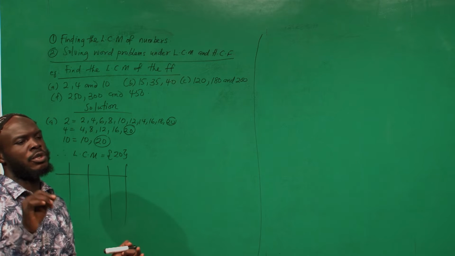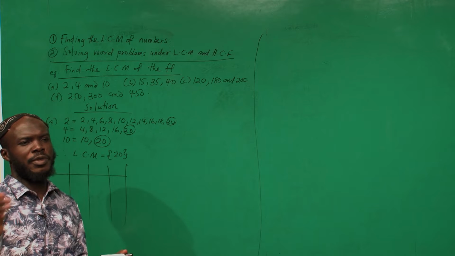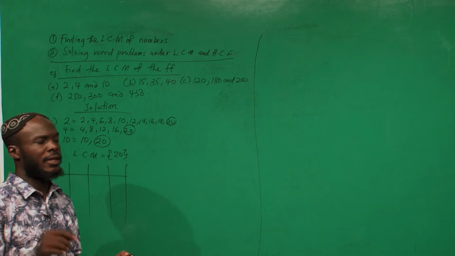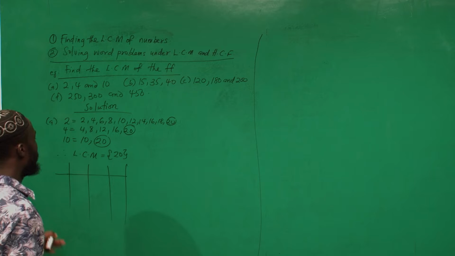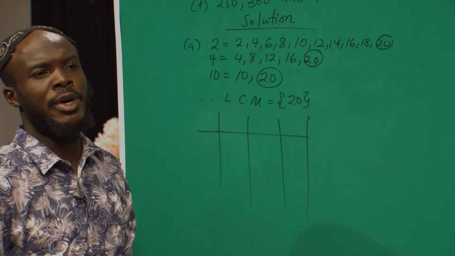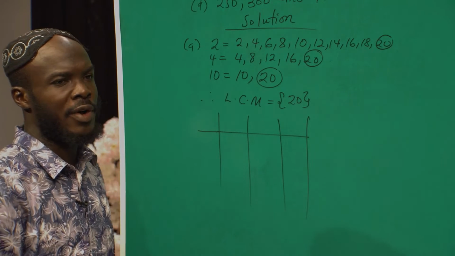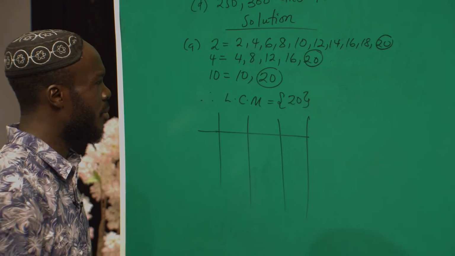But when it goes into only 2, or it divides only 2 out of the 3, or 1 out of the 3, you underline. For LCM purposes, what we do is that we break all the numbers down till we get 1, 1, 1. There is no underline whatsoever. At the end of the day, all the numbers here, you multiply them to get your LCM.